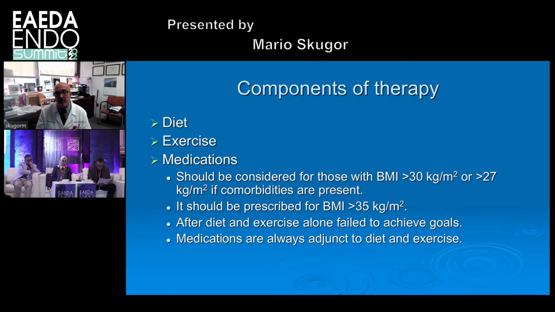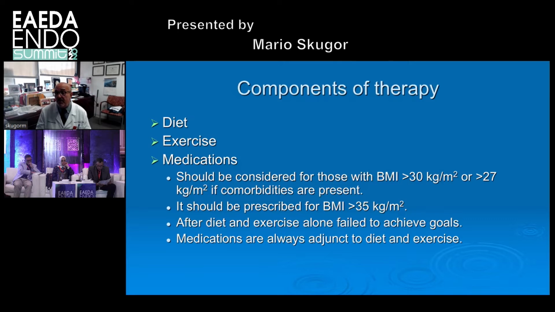So medications are available, and they should be considered for the treatment of any patient who has BMI over 30, or even 27 if comorbidities are present. Again, diabetes, hypertension, steatosis, fatty liver, and so on. And it should be prescribed for patients whose BMI is over 35.